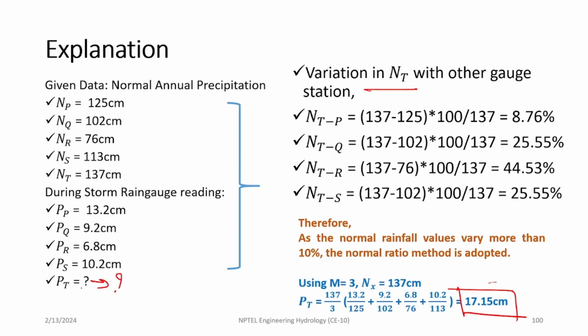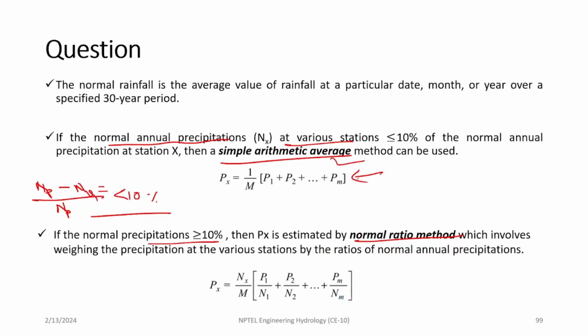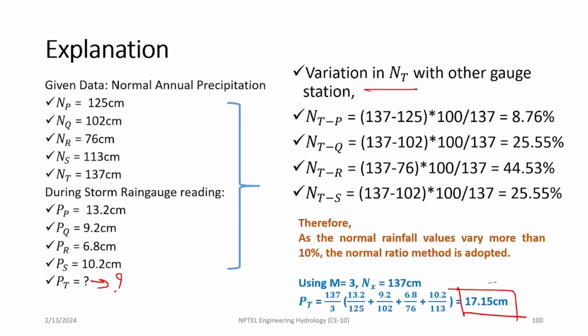Ashish, is that right or not? Yes, we are looking for the precipitation at rain gauge station T. So from the previous slide, we should firstly confirm which method we can opt for, maybe simple arithmetic or normal ratio. But firstly we have to compute the variation in NT.